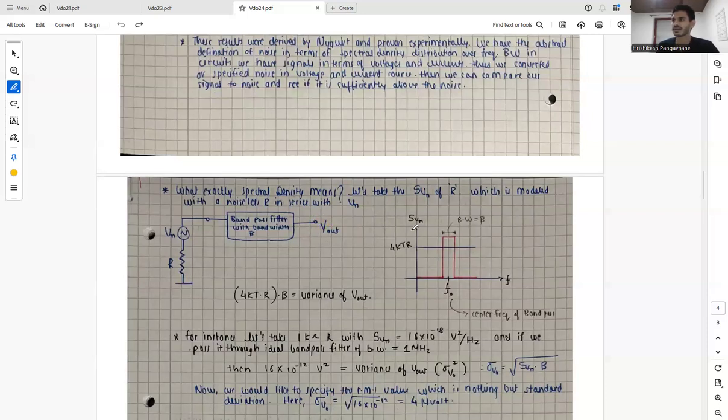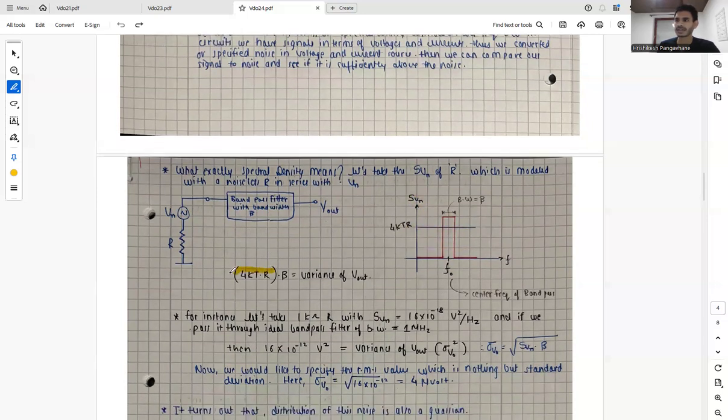Vn has its own SVn, which can be plotted against frequency, and at f naught we have the center frequency of the band pass filter. This is our bandwidth through which our frequencies are passed, and our SVn over frequency is a constant value of 4kTR.